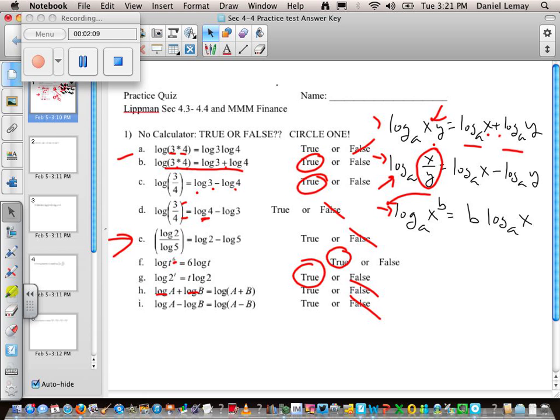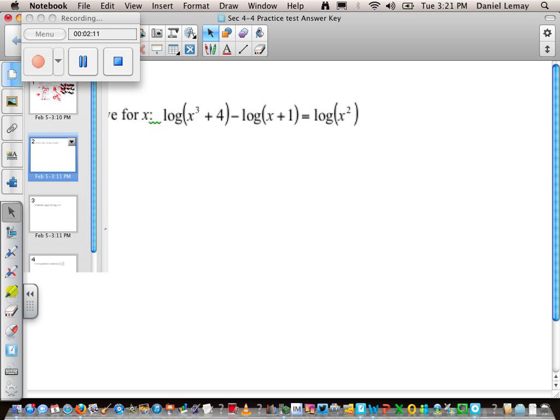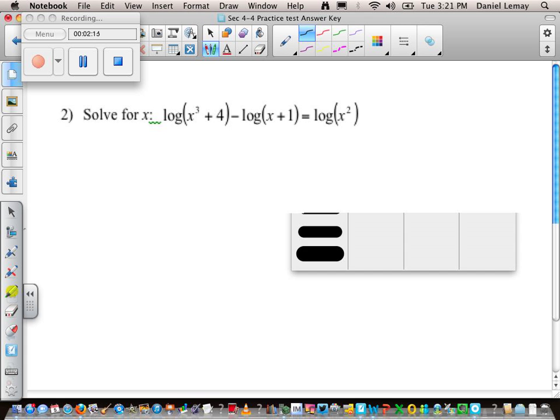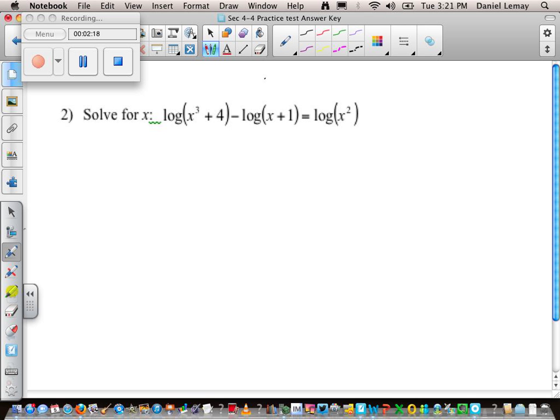Now we've got an equation we have to solve. I'm subtracting, I see. I've got two logarithms, so I'm going to write it as a quotient. It's base 10 because there's no number there. So the log of x cubed plus 4 over x plus 1 equals the log of x squared. Since these are both equal to the same logarithm, the two arguments must be equal.